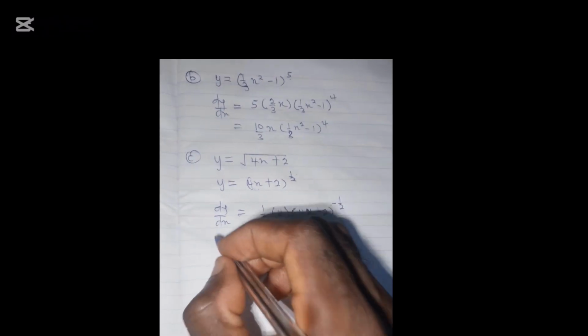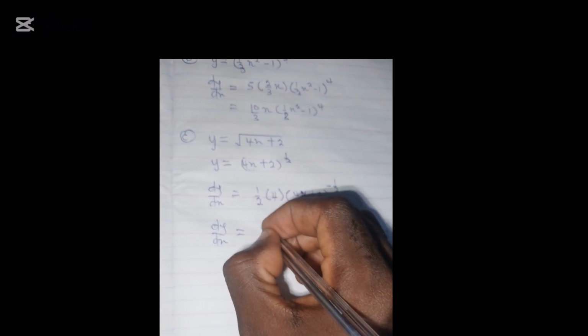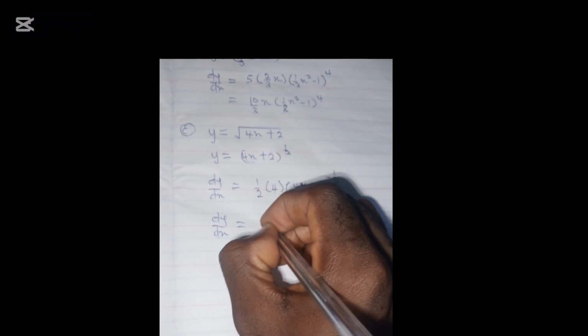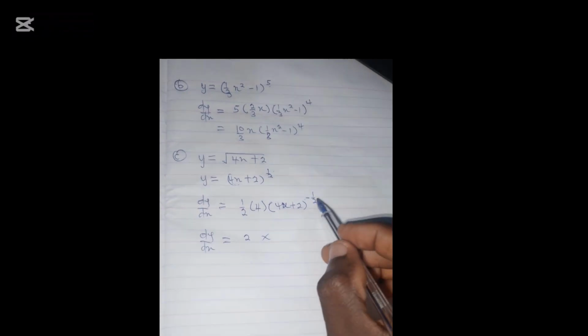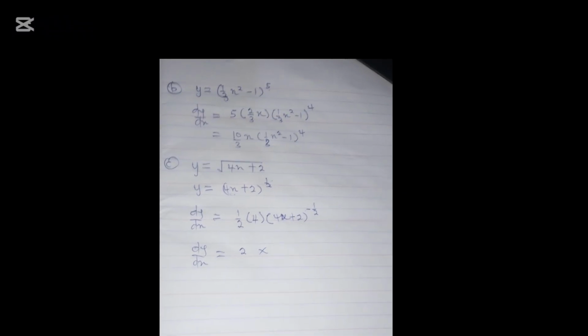So we have dy dx is equal to half times 2 is 2 times, because this is a negative power, we need to rewrite it. Please remember, when the question is given to you in terms of square root, if possible, try to write your final answer that way.